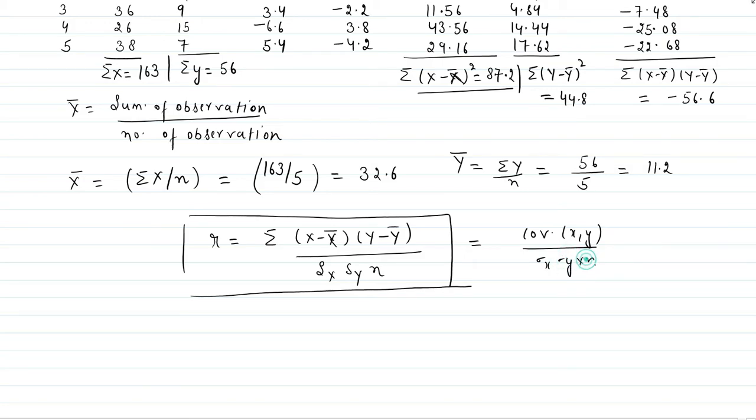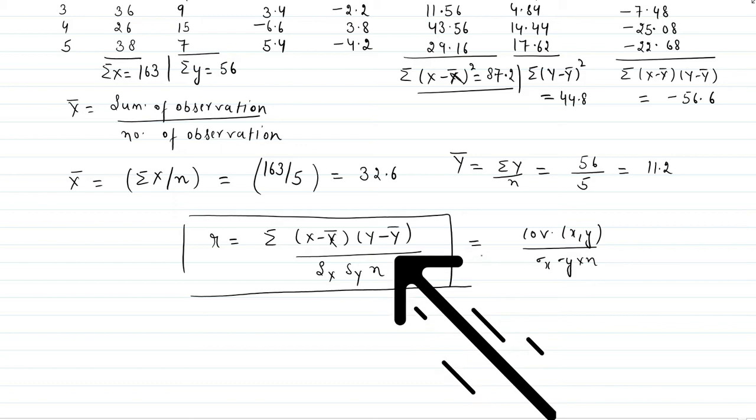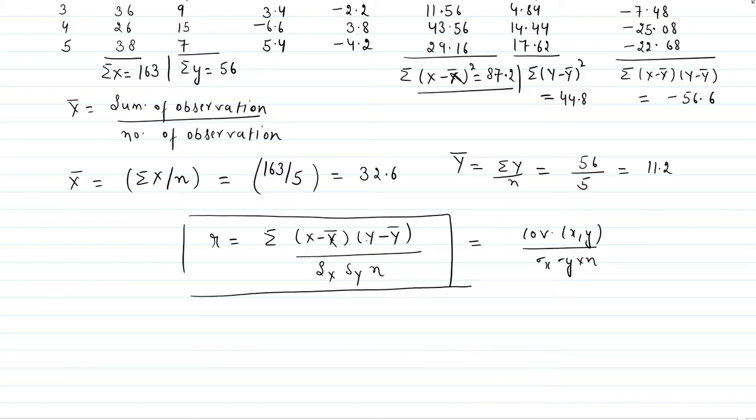Okay, so by using this formula we got the value of the summation of x minus x bar times y minus y bar, but we don't have the value of sx, that is the standard deviation of x.